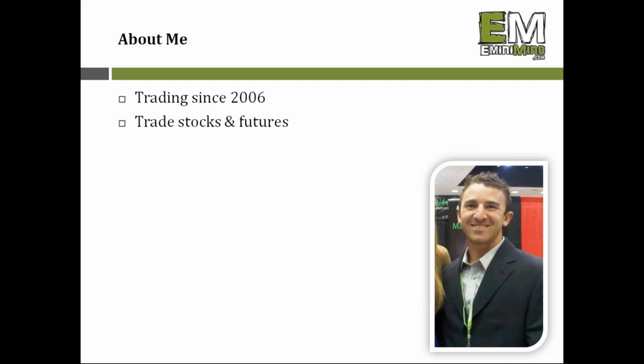So for anyone who's fairly new to trading, it can seem a little bit daunting to swing trade stocks, because in order to make a substantial return, you do need a reasonably sized trading account.